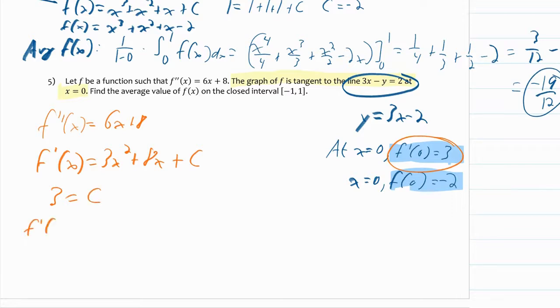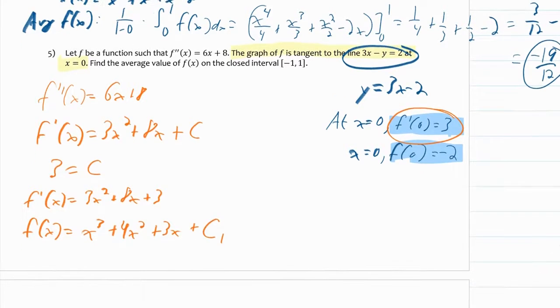So I know that f prime of x is equal to 3x squared plus 8x plus 3, which means that f of x would have to be equal to x cubed plus 4x squared plus 3x plus another constant, which I'm just going to call C1. If I plug in 0, -2, I get -2 is equal to C1. So then I know that f of x was equal to x cubed plus 4x squared plus 3x minus 2.